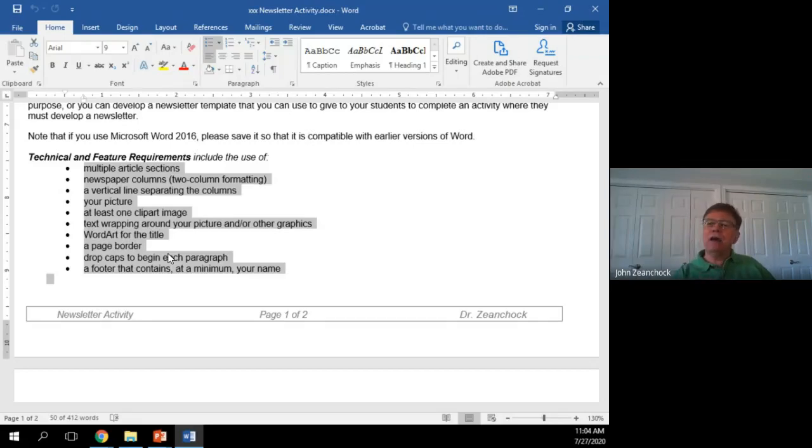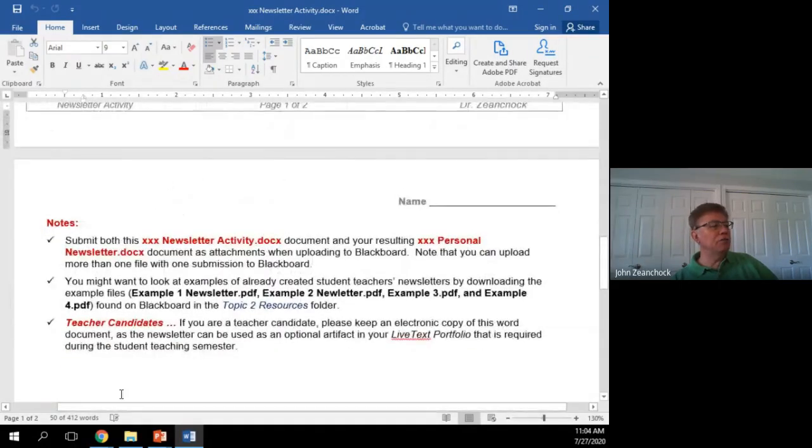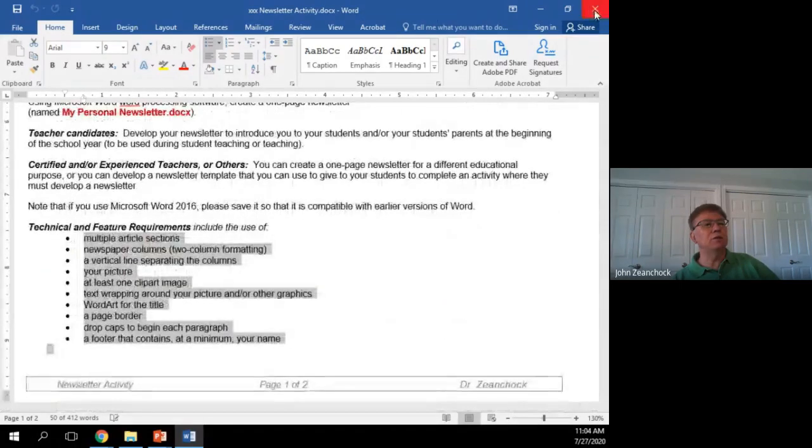So I'm going to have them use the help, as I told them above, to actually look up and see how to do each of these features. And then that's guided. I tell them how to do it. I don't do it for them. And then they have to come up with the actual newsletter and some additional notes about how to submit the newsletter.